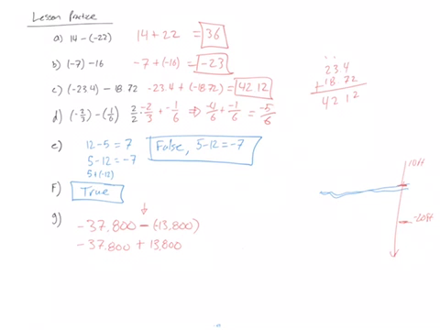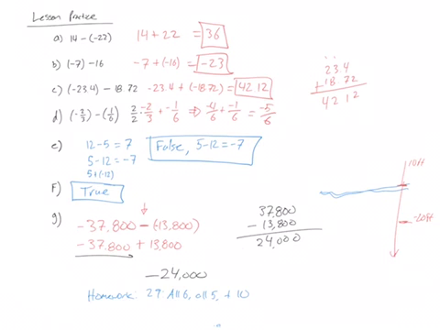Since these numbers are different signs, one's negative, one's positive, I'm going to subtract them. Zero, zero, zero. 7 minus 3, 4, 3, 2. So this is the number, but of course I'm going to keep the sign of the bigger number. So it's going to be negative 24,000. Brings us to the end of the lesson.